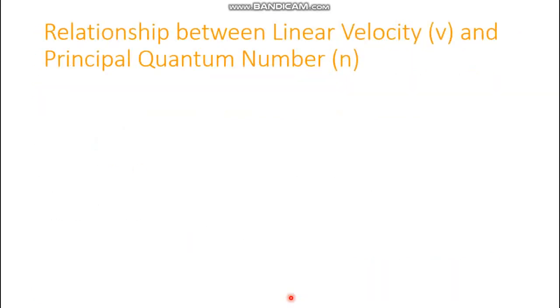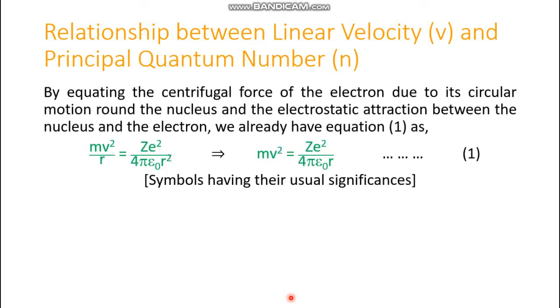Okay, let's move on to the next topic: relationship between linear velocity v and principal quantum number n. Here again, recalling equation number 1, obtained by equating the centrifugal force of the electron due to its circular motion around the nucleus and the electrostatic attraction between the nucleus and the electron, we already have equation number 1.